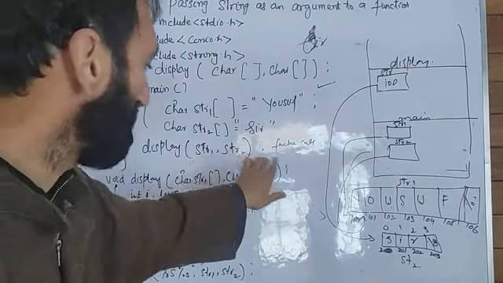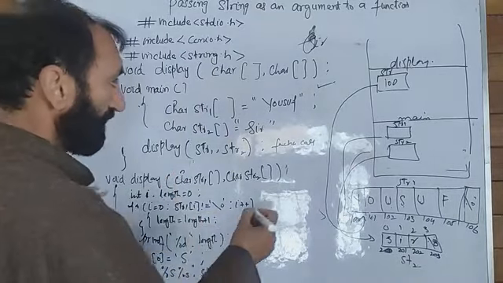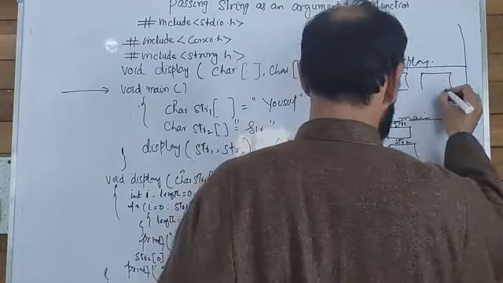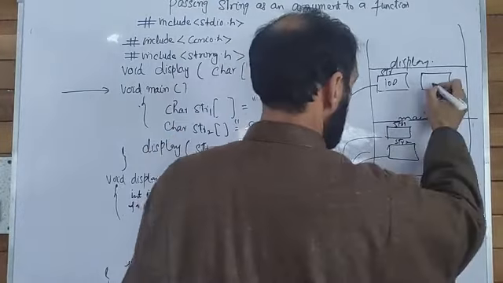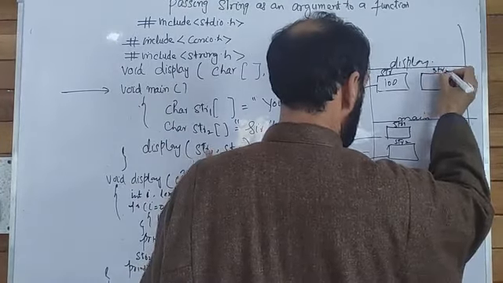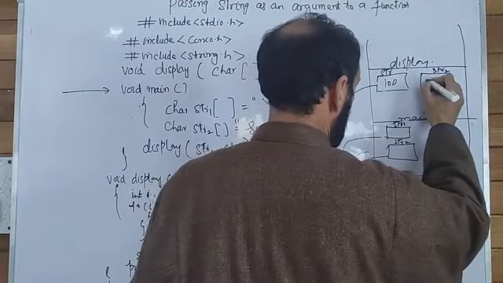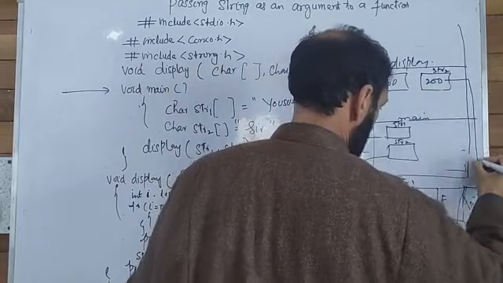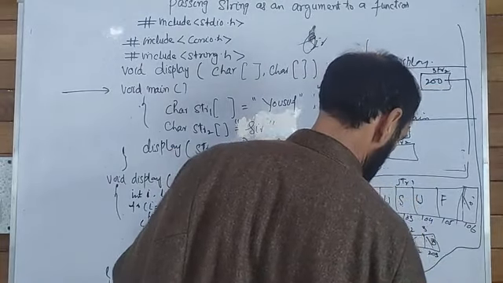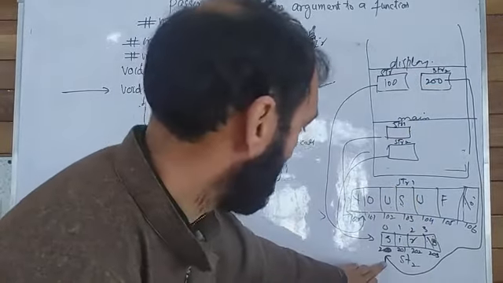That means these two are going to be passed. Display's current one is str1, and str2 will contain 200. That means this will point here.